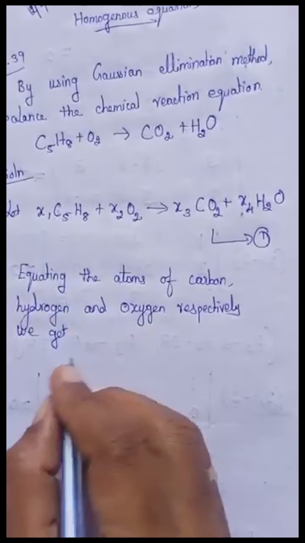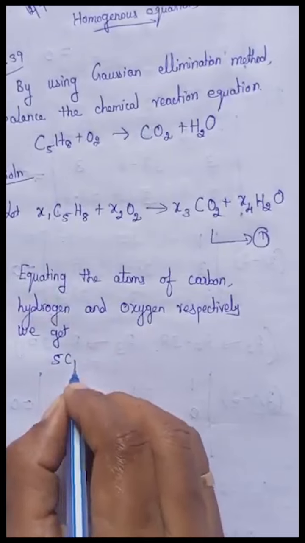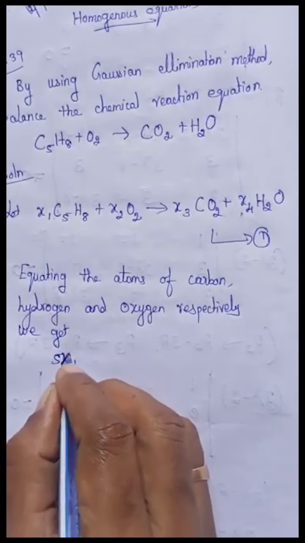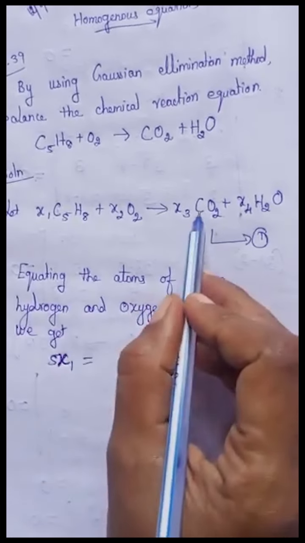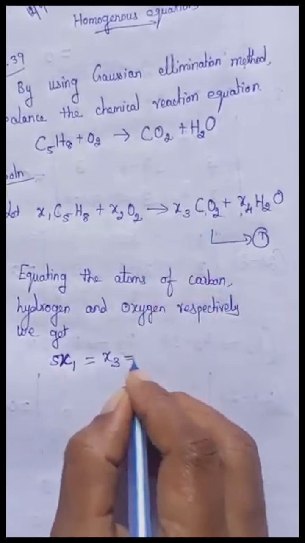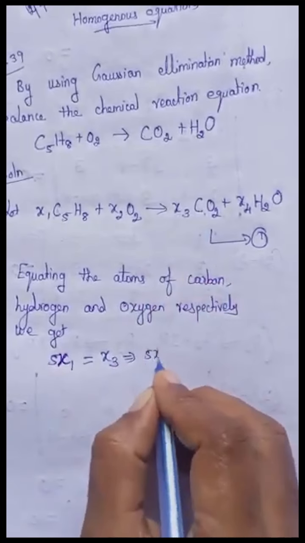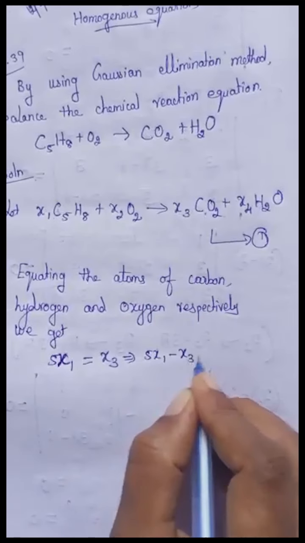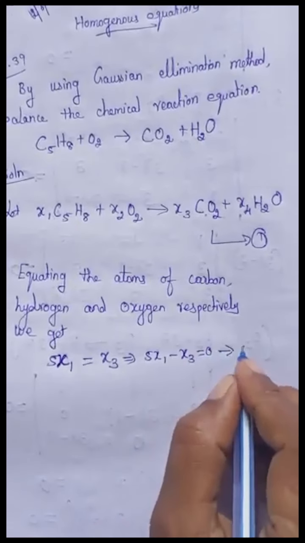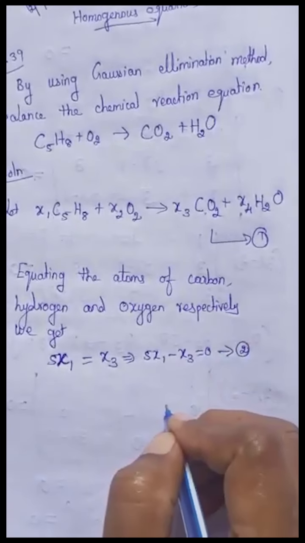Carbon 5 is there, so 5x1 is equal to, here only one carbon atom, isn't it, equal to x3, which implies 5x1 minus x3 is equal to 0. Okay, this you can mark as equation number 2.